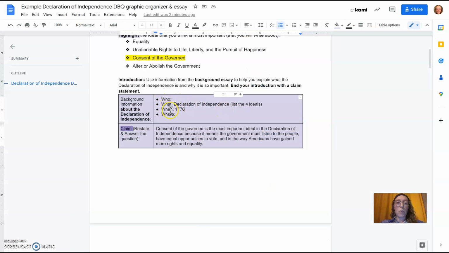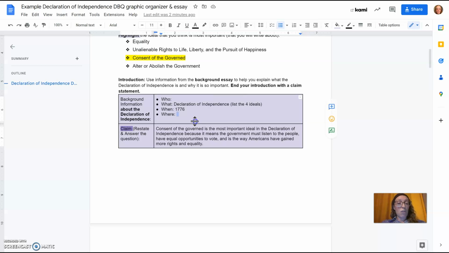This structure of who, what, when, and where can help you think through how to explain that. But if you want to basically do like I'm doing, the easy way for me is look at the background essay and say the who is like Americans or Thomas Jefferson, who wrote the Declaration of Independence. I'm going to list out the 4 ideals. The when is going to be 1776. Where is going to be the American colonies, Philadelphia, any of those things. All right, so those are options, not requirements.